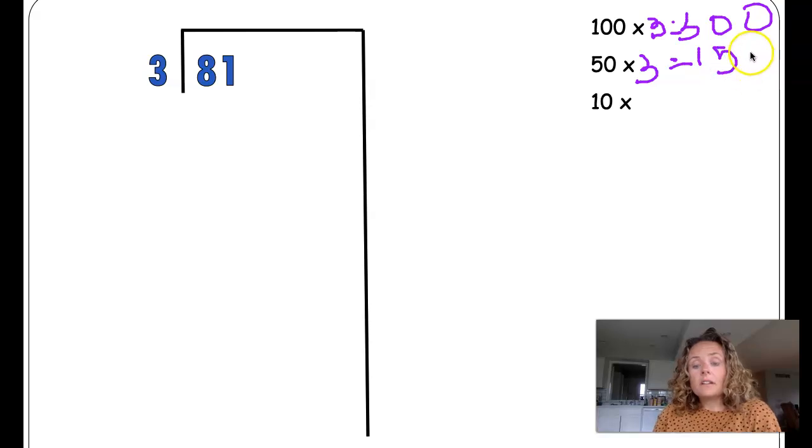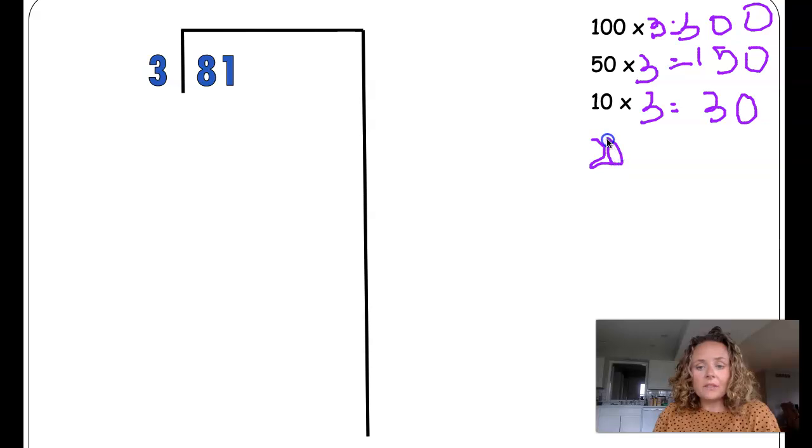Way too big. How about 10 times 3? 30. Yes, 30 can be helpful, but I think I want to double it because, you know what, I don't want to do all this math. I'm going to say 20 times 3. I'm doubling one of my factors so I can double the product. 60. Yes, now you're speaking my language. 60 will be less math.